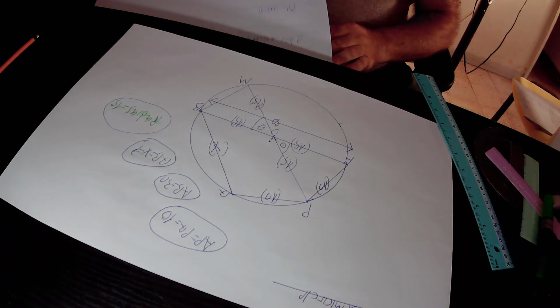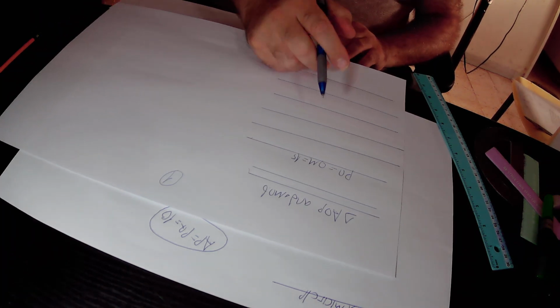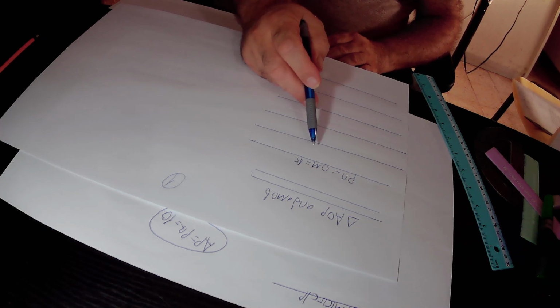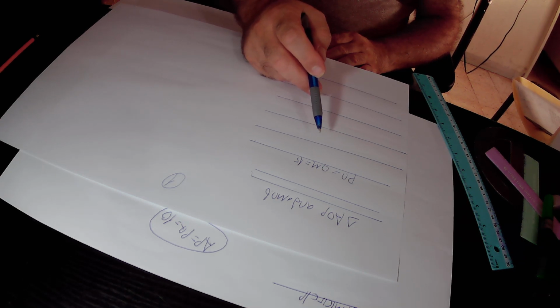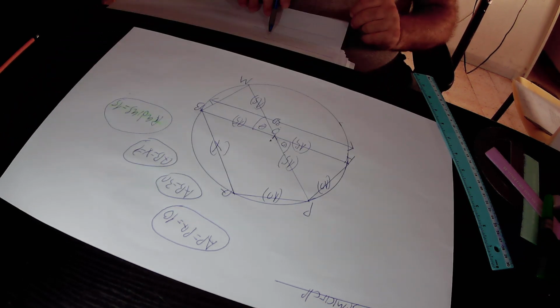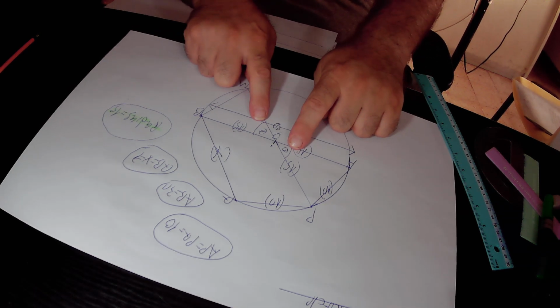Repeat again. Side PO of triangle AOP is equal to side OM of triangle MOB. They are both radii of the circle, equal to 15, therefore they are equal to each other. In addition, those two angles are vertex angles, and we know that vertex angles are equal to each other.